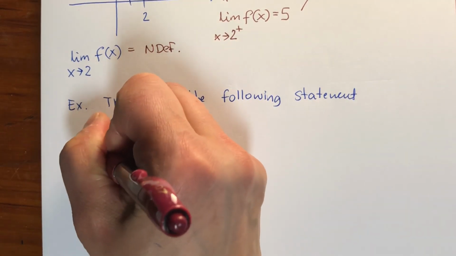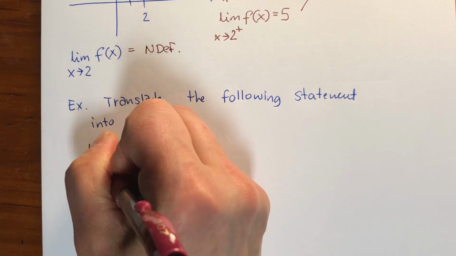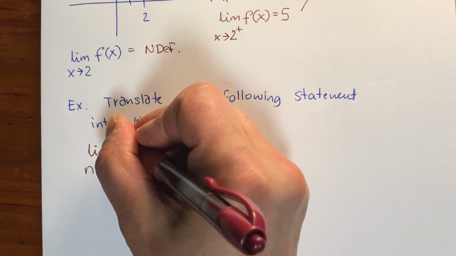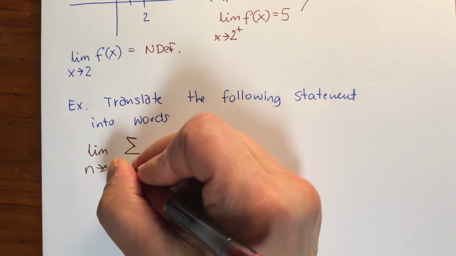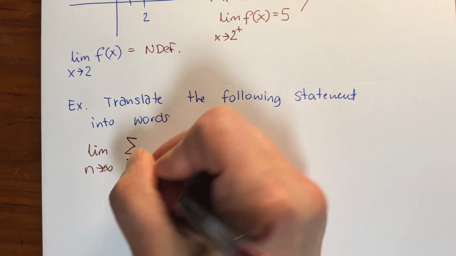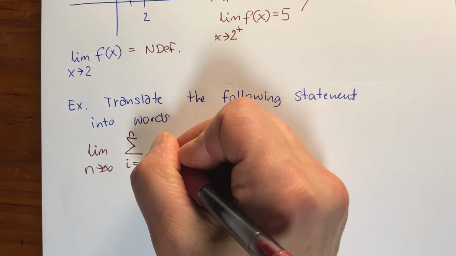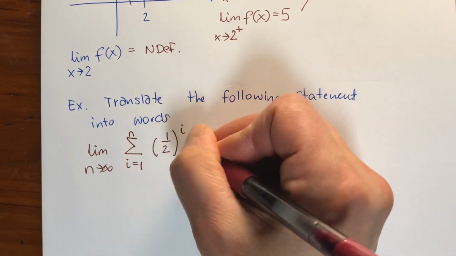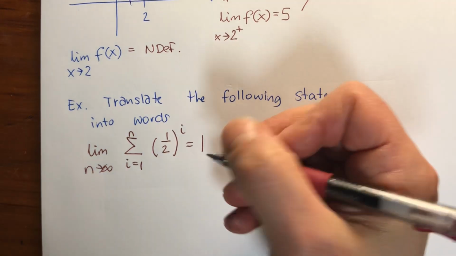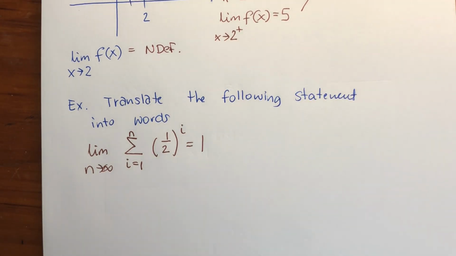So I am going to write this limit as n goes to positive infinity. I am going to use the sum notation. i is equal to 1, and then we are going to go to n. And then I am going to say 1/2 to the power of i is equal to 1. So notice we are not going to calculate anything. What we are going to show is what is the meaning of this.